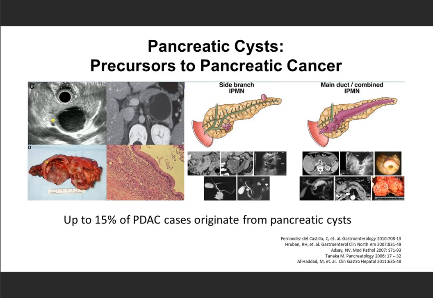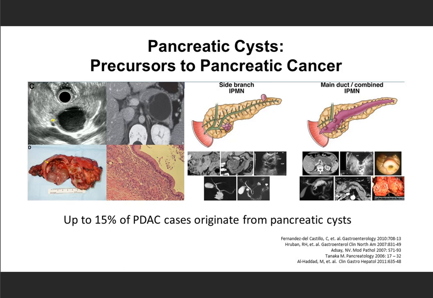Actually, let me go back. So I will say that our thought about these cysts went from somewhat of an alarm, in the sense that we thought these cysts were an opportunity to identify pancreas cancer patients early. But the unfortunate reality is that these cysts are thought to occur in up to 2% of the average risk population.